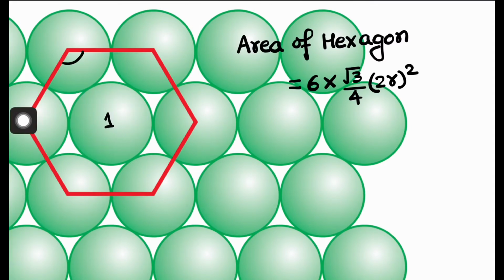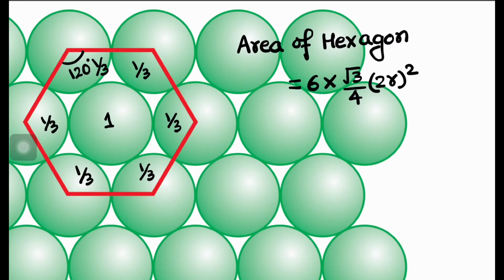And this angle is 120 degrees, so 1 by 3 part of this sphere, or this circle, will be inside, so the contribution of one such atom is 1 by 3. This will also have 1 by 3, 1 by 3, 1 by 3, 1 by 3 and 1 by 3.